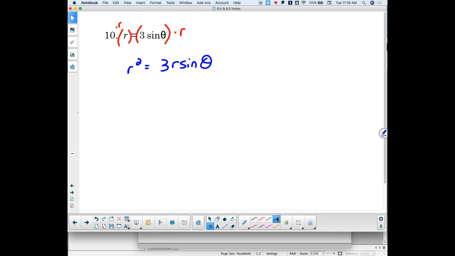What's r squared? x squared plus y squared. What's r sine of theta? y. So to make it look nice and pretty, we'll put everything on one side.